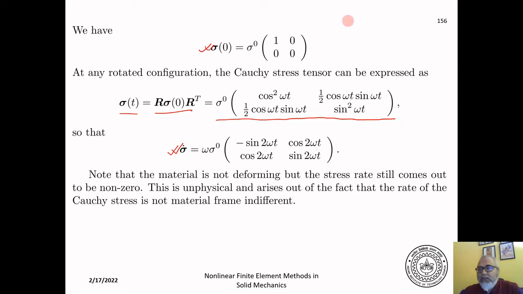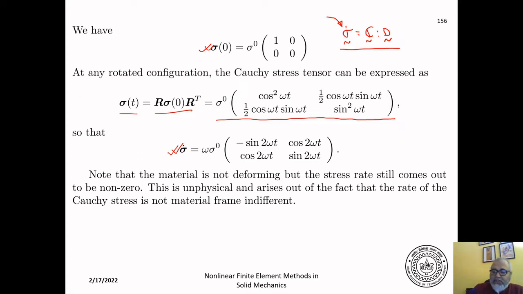Therefore, if your constitutive equation is of this sort, like in the previous discussion that we had, then sigma naught is non-zero, which means that you will get a non-zero stretch rate.